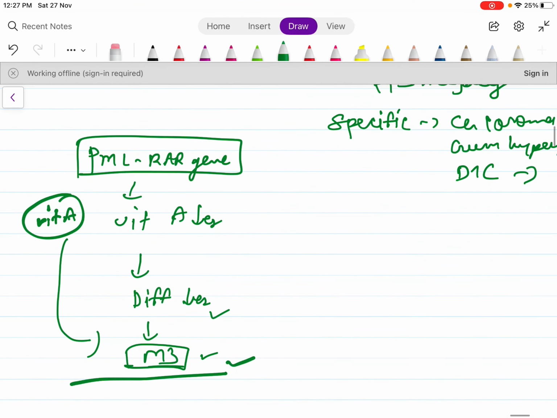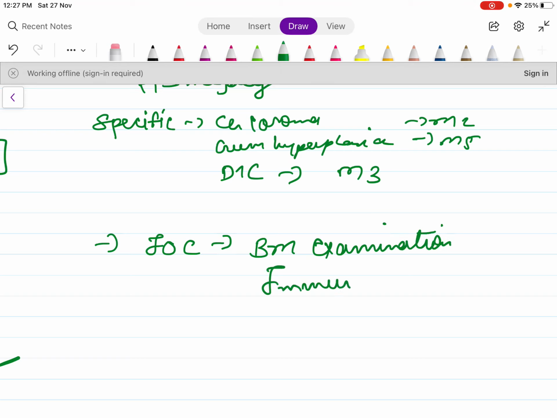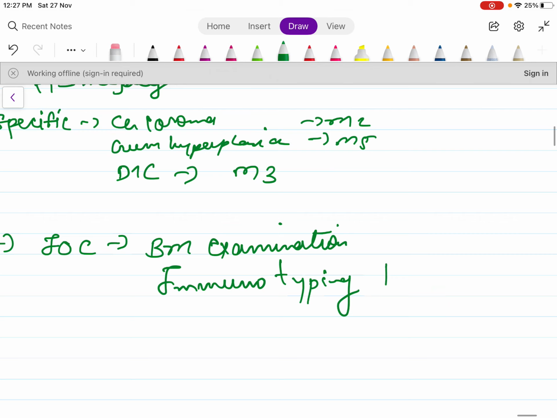Now if we say what is the investigation of choice, then the investigation of choice will be bone marrow examination, and after that we need to do immunotyping by flow cytometry.